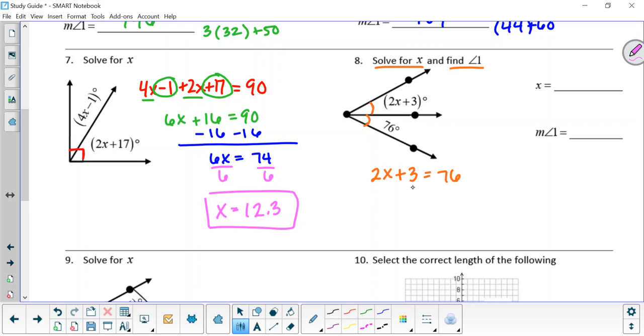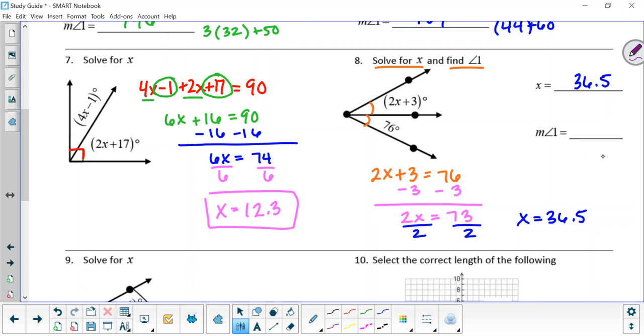Now if I solve for x, I would subtract 3. And I would get 2x to equal 73. And I would divide by 2. So I would get x to equal 36.5. Which again, decimals are fine as long as it's not slope.